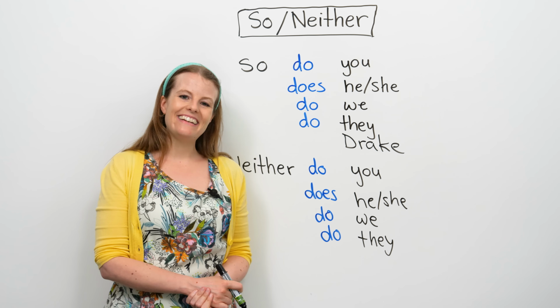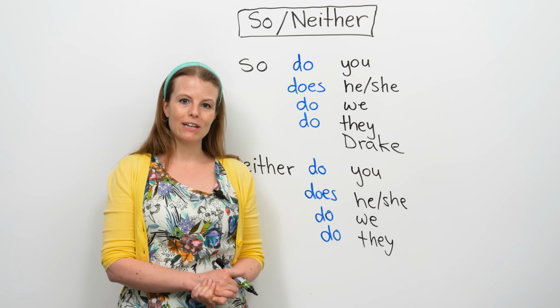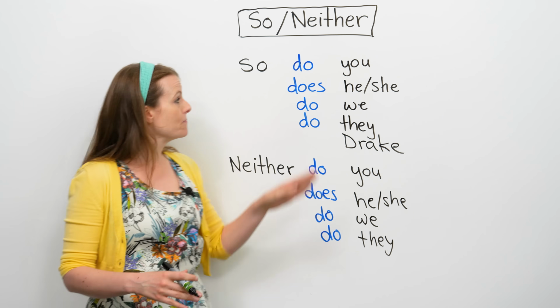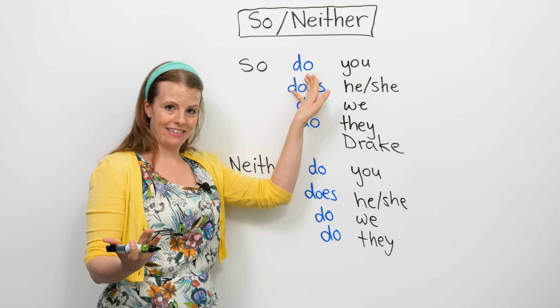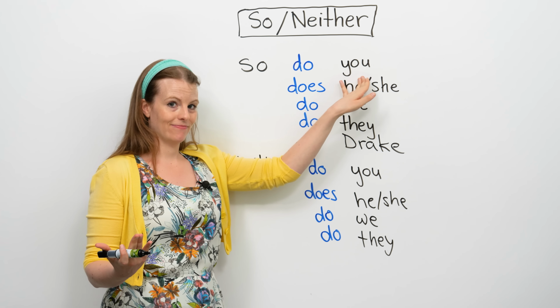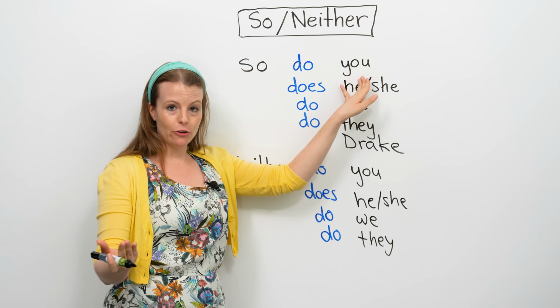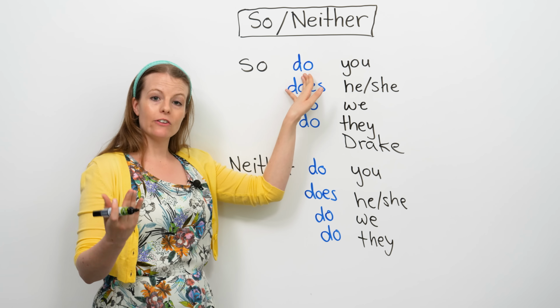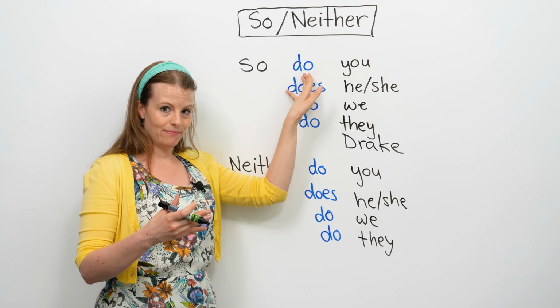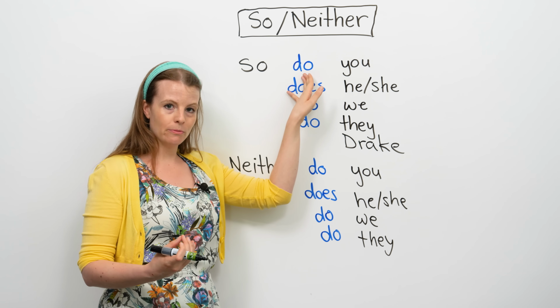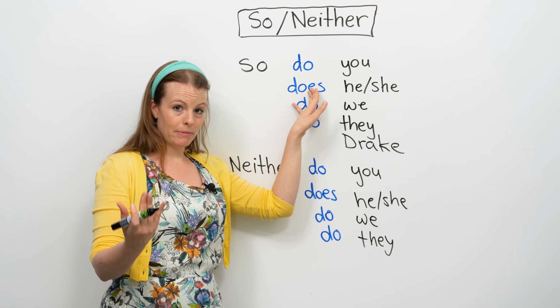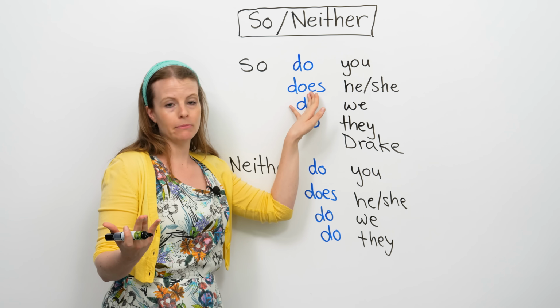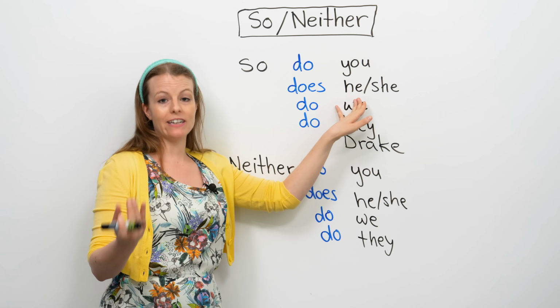Now, did you notice I did something different with the verb? The verb has to be in agreement with the pronoun. So when we use you, this goes into do. I do, you do. For he and she, the verb, in this case we call this a helping verb, goes into does.